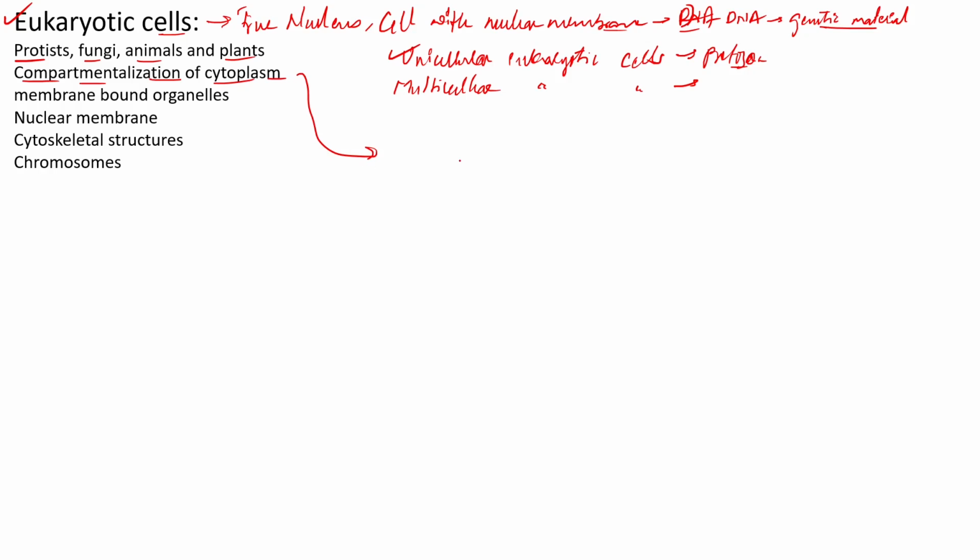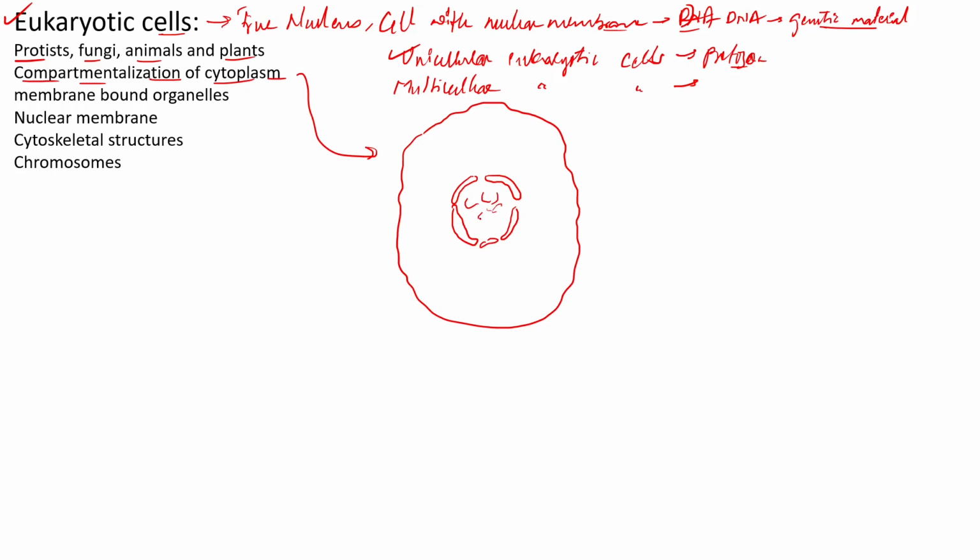We can draw a diagram of an animal cell, just for representation. Here is the nuclear envelope, and here you find the thread-like structure, the chromatin.